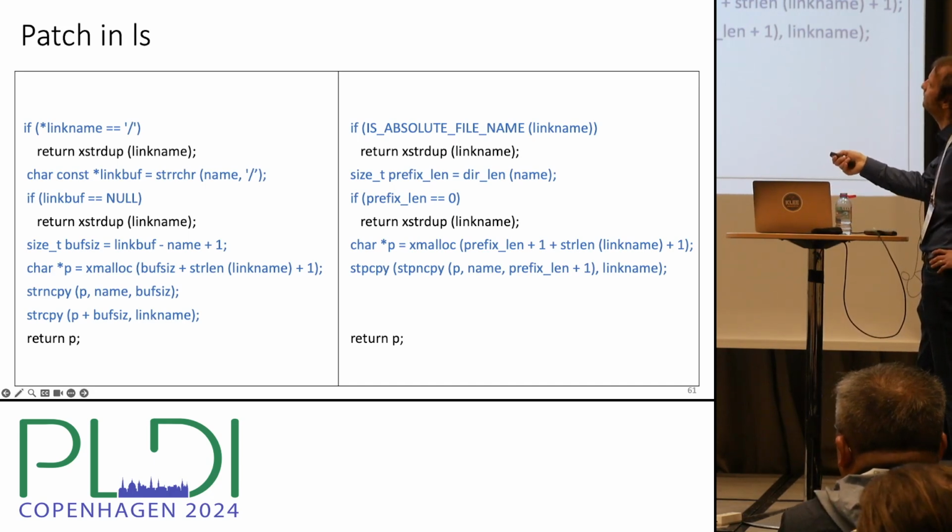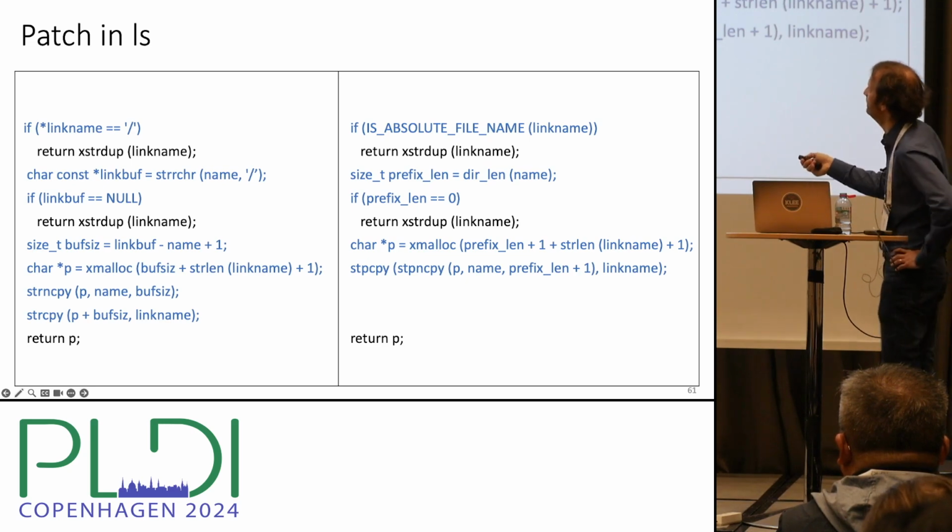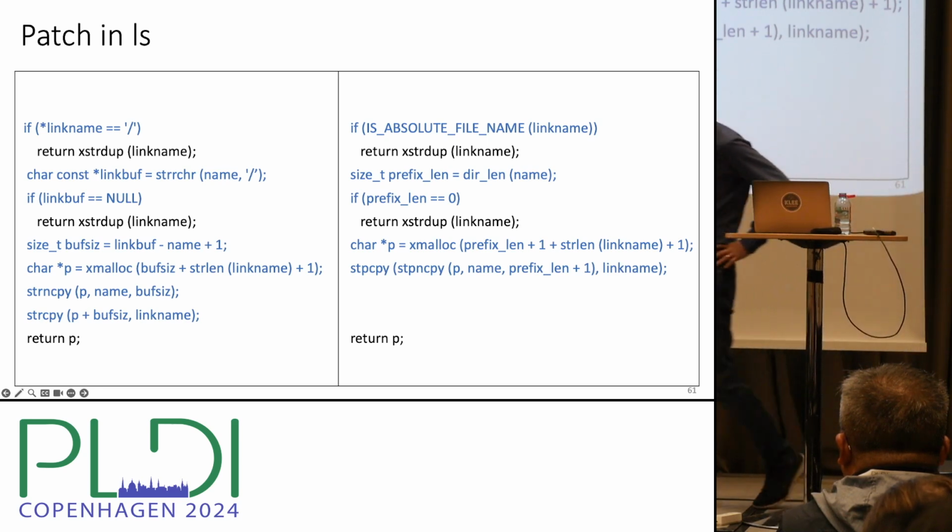Instead of this equality against /, it's using this macro, IS_ABSOLUTE_FILE_NAME. Instead of doing this third char to look for the /, it's using this function dir_len, and then it's replacing essentially strncpy and strcpy with stpcpy, stpncpy, which is supposed to do the same thing.